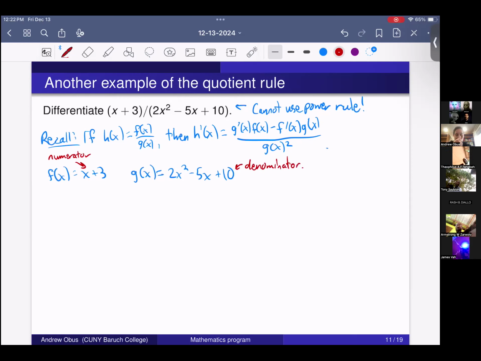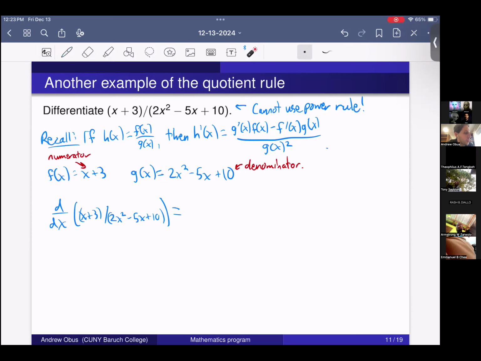Okay. And so we apply the formula. So the derivative of x plus 3 divided by 2x squared minus 5x plus 10, we just have to apply the formula. So the derivative of g, that's going to be 4x minus 5.